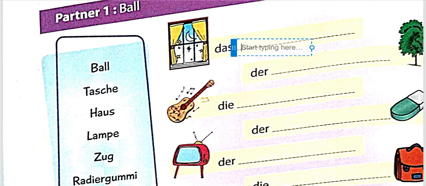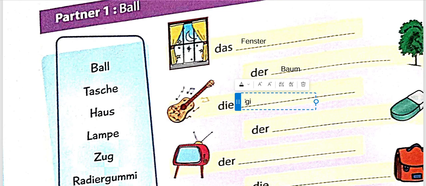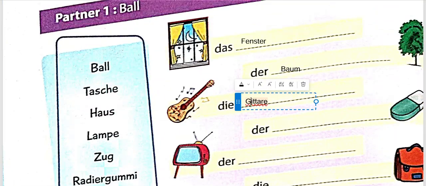As you can see, this is a window, so the answer will obviously be Fenster. The second one is a tree, so answer will be Baum. The third one is a guitar, so answer will obviously be Gitarre. This should be capital, and spelling of guitar, is it correct? Let me check. Nope, it's wrong. So here we'll just remove the T and add an R. Okay.